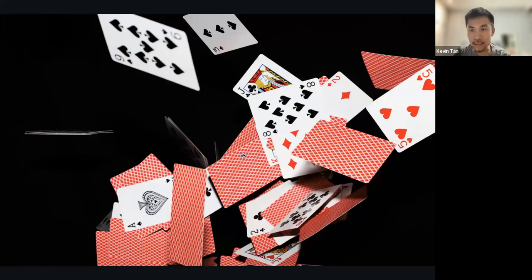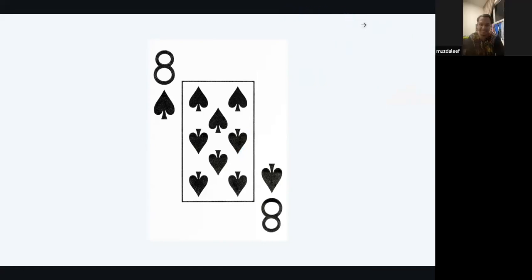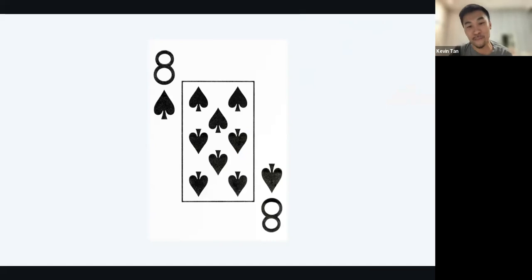So I show you the next slide. It's the spade. Moose, you picked the card that I prepared on my slide. You see, I prepared the slide, but I asked you to pick. You picked for me the card that I prepared on my slide.